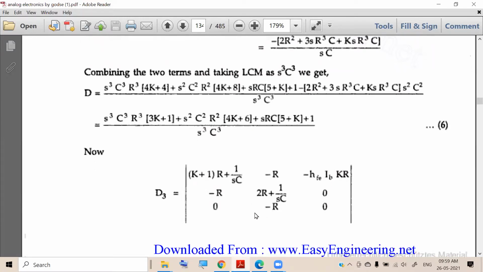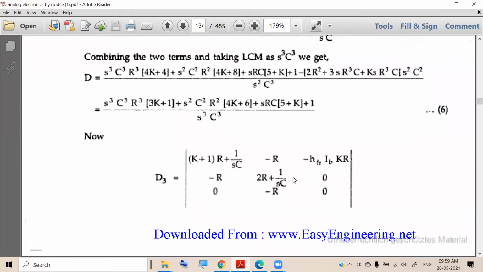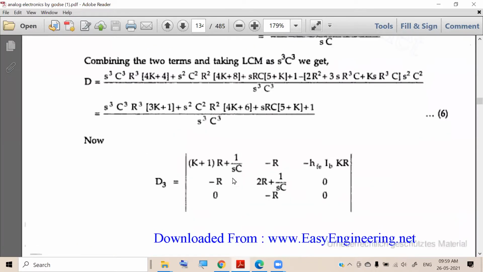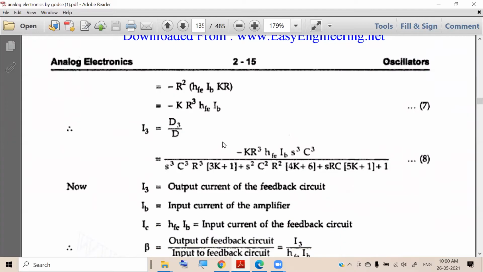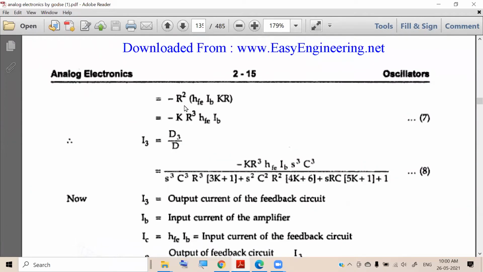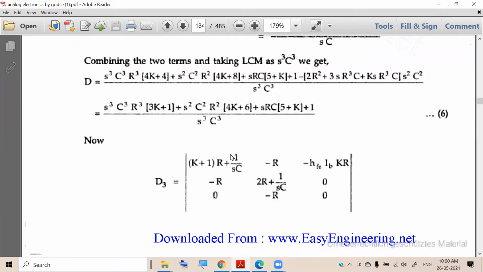Now we find the determinant of this by the same method, simplifying, and we get D3 as a very small term.